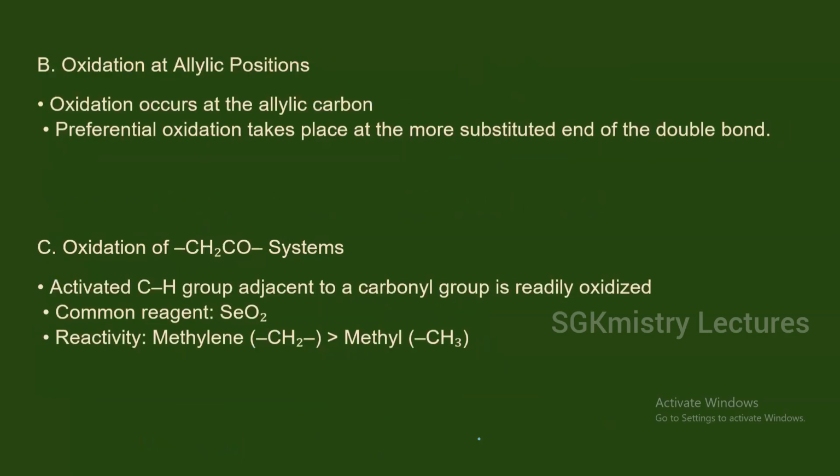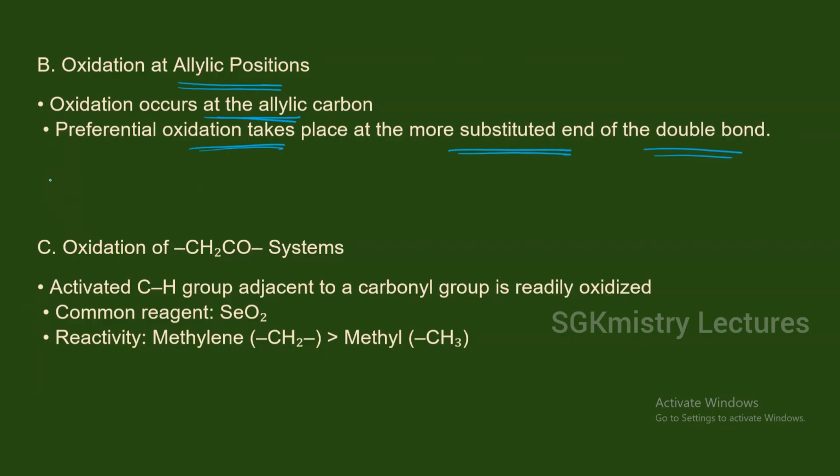Now, next talking about the allylic positions, how the oxidation takes place. So here, oxidation occurs at the allylic carbon. Again, we know that here the CH is an activated CH group when it is in the allylic position, which is near to the C double bond C group. So preferential oxidation takes place at the more substituted end of the double bond.